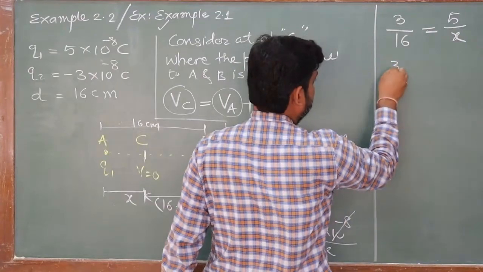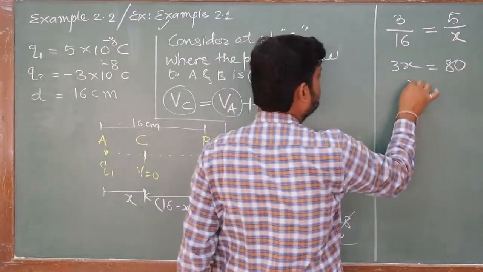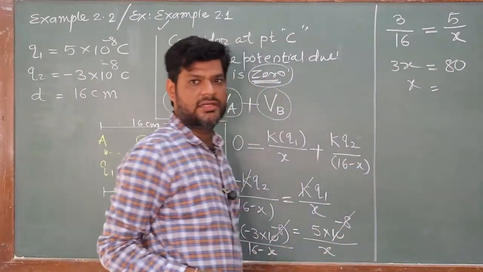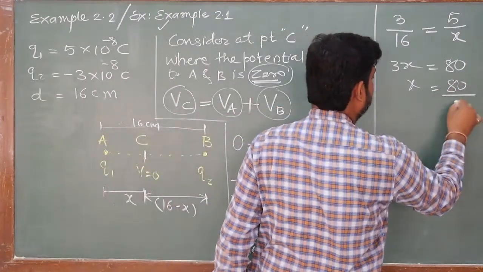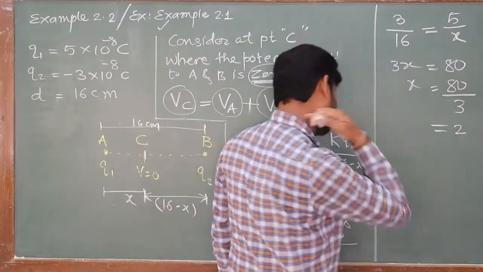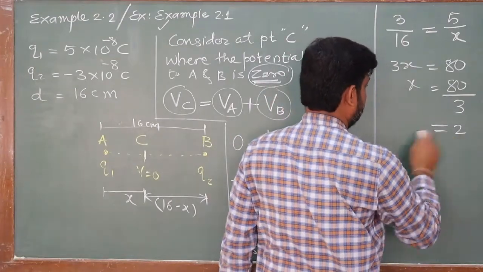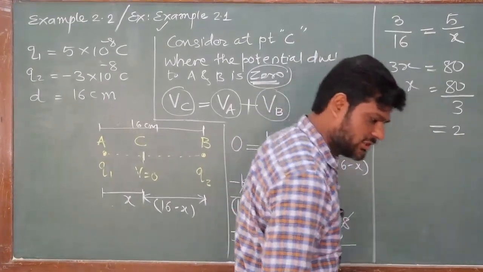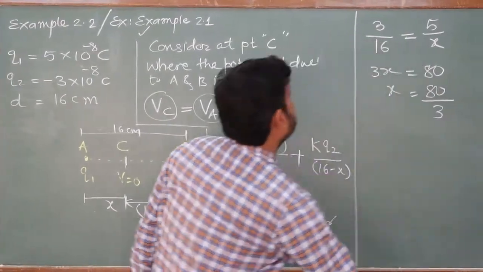So we can write 3x equal to 80, so x equal to 80 divided by 3, right? What is the answer? x equal to near about, what is the mistake?